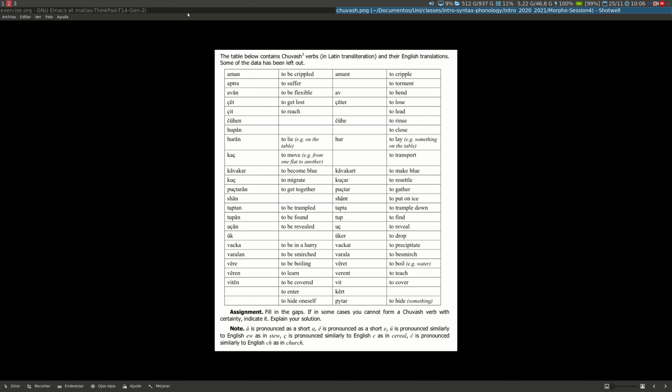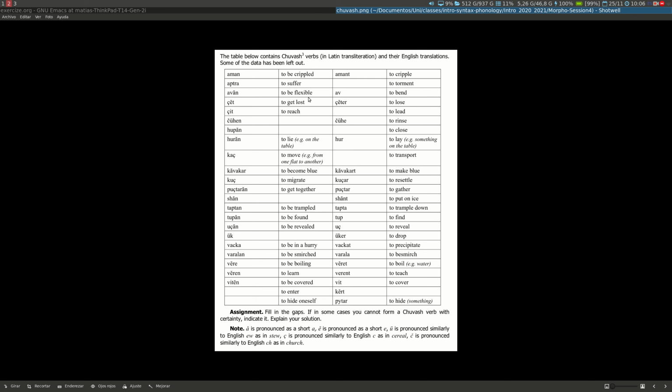So, to get you started a little bit, in the exercise you have some Chuvash verbs, and this is clearly a sort of voice alternation. You see that on the right column you have some sort of causative or transitive form, like to cripple, to torment, to bend, to lose, to lean.